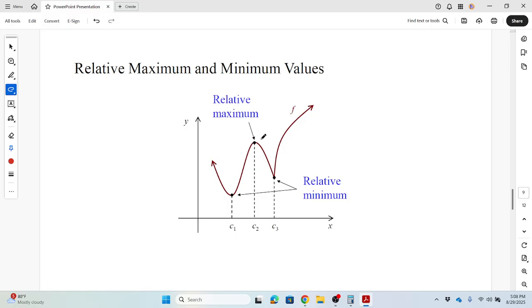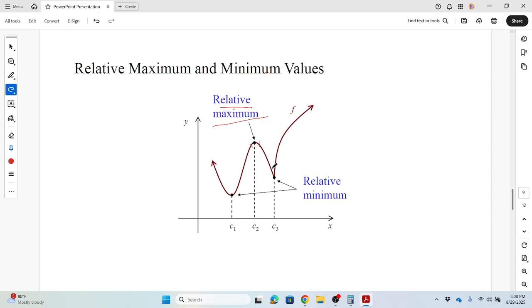You should make sure that this is not the largest one, or this is not the smallest one, but still it's a relative maximum or relative minimum. It's called relative maximum if that value is greater than its neighboring values. If it's greater than the left side value and the right side value on some open interval, that's the relative maximum.